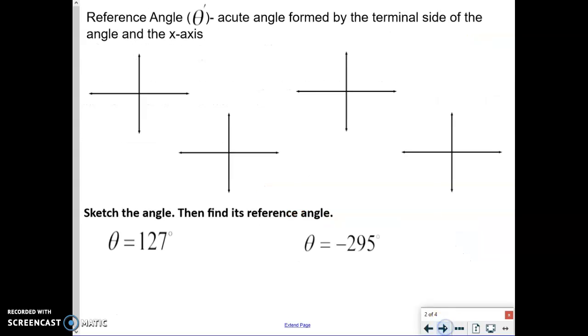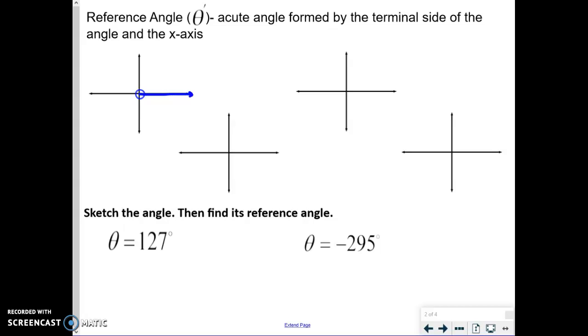So the next thing I'd like to take a look at here, ladies and gentlemen, is reference angles. A reference angle is any acute angle, meaning less than 90 degrees, formed by the terminal side of the angle and the x-axis. So I'm going to go quadrant by quadrant here, and we'll talk about what the reference angles would be. In the first quadrant, this is pretty unique.